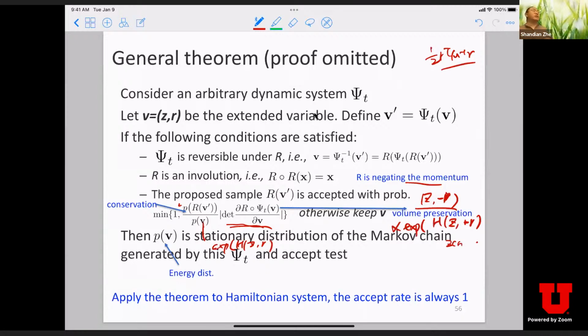But we know that the Hamiltonian system conserves energy. The energy at time t and the energy at the beginning don't change, so this joint probability doesn't change, and this ratio is eventually 1. That means if you apply the Hamiltonian system to generate sample proposals, the acceptance probability is simply 1, like Gibbs sampling.